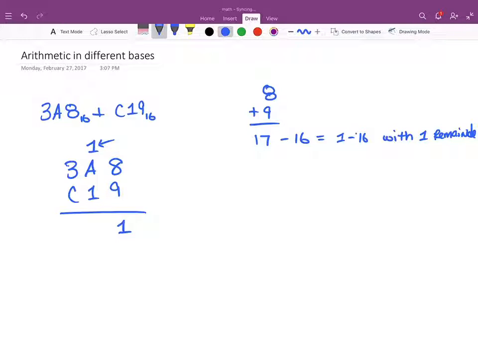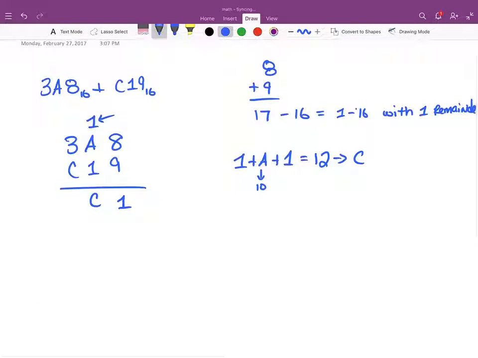Now add 1 plus A plus 1. Recall, A is 10. 10 plus 1 plus 1 is 12, and 12 in base 16 is C. So you write a C here. Nothing to carry, we didn't take any 16s out.